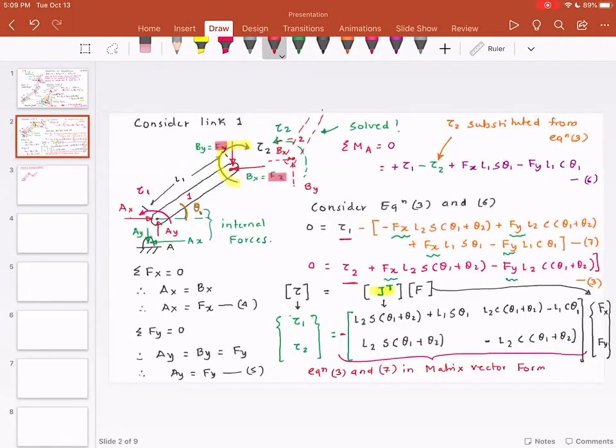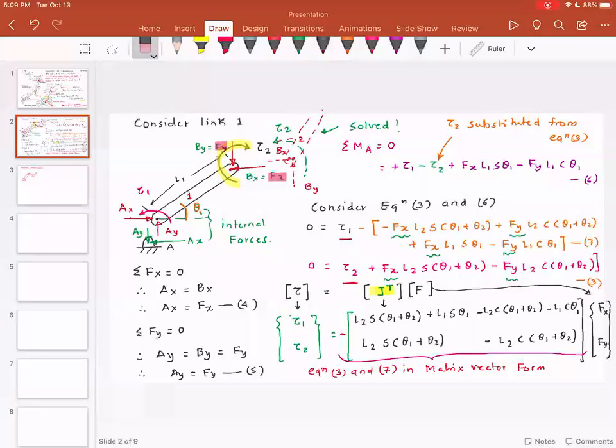Which one are we talking about? Which term? L2, top right. L2, yes. Fx, let me see, this negative sign, this becomes positive.